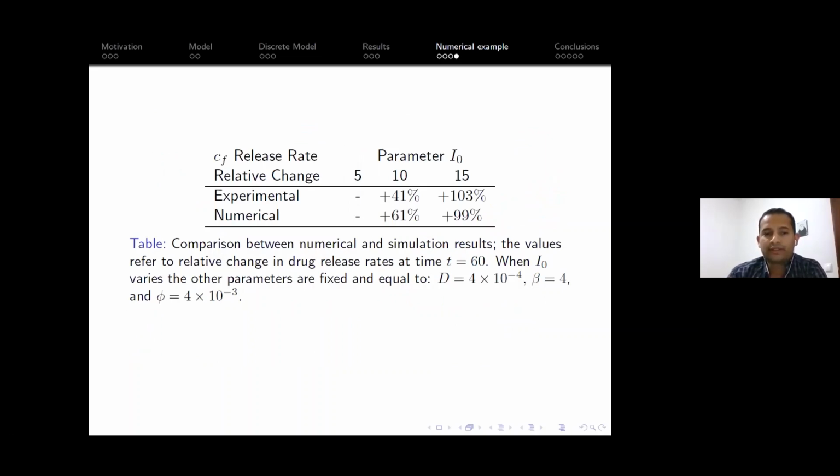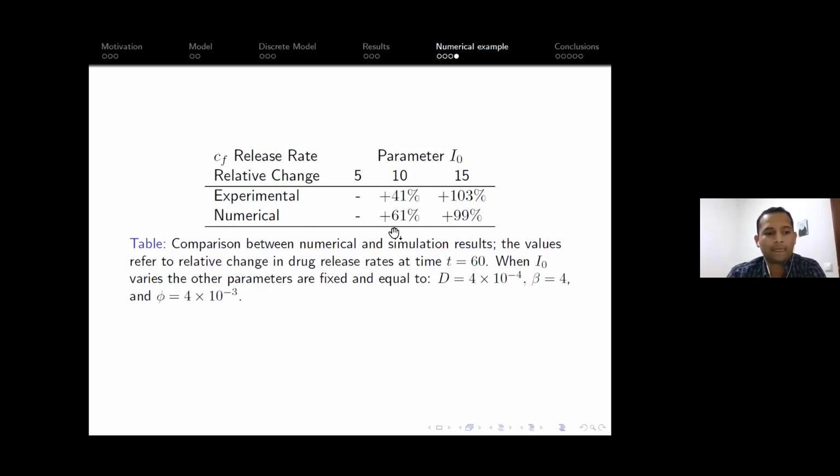Next, we can see the CF release rate, and we are going to see also the relative change for each value of the parameter I sub 0. So this is one of the most important tables of this numerical experiment, because we can see this percentage, the difference between the experimental result and our numerical solution.